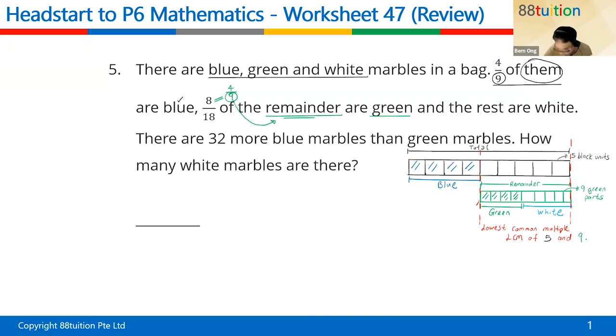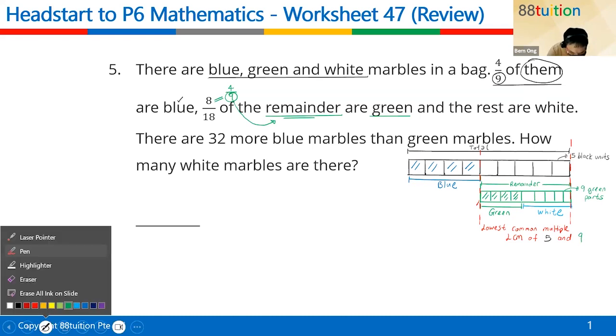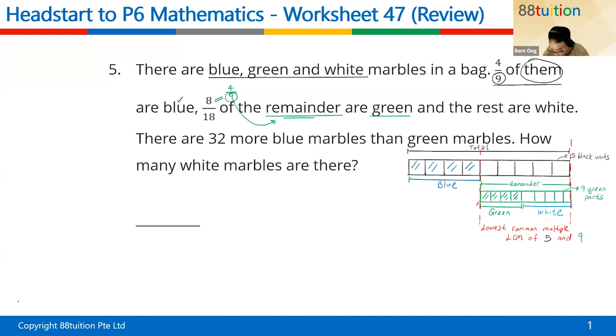Hey, but sure, how to find the LCM? I almost fell down the chair. All right. Because this is taught to you in primary 4. You find the multiples of 5 first. 5, 10, 15, 20, 25, 30, 35, 40, 45, 50. All right.